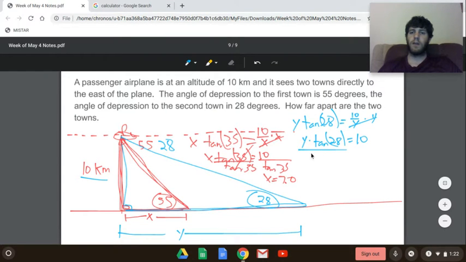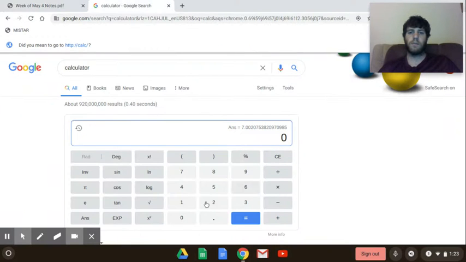We can divide both sides by tangent 28. And we're left with y equals whatever 10 divided by tangent 28 is. All right, 18.8.